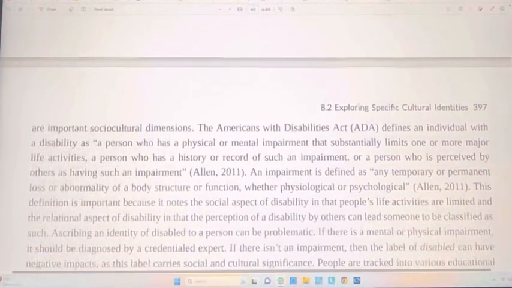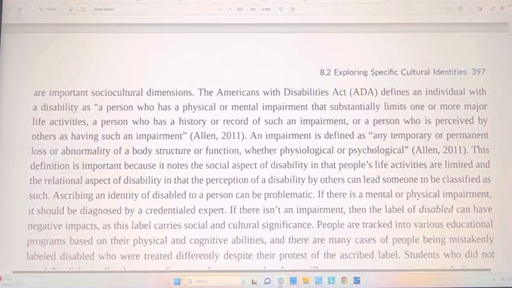The Americans with Disabilities Act, ADA, defines an individual with a disability as a person who has a physical or mental impairment that substantially limits one or more major life activities, a person who has a history or record of such an impairment, or a person who is perceived by others as having such an impairment.